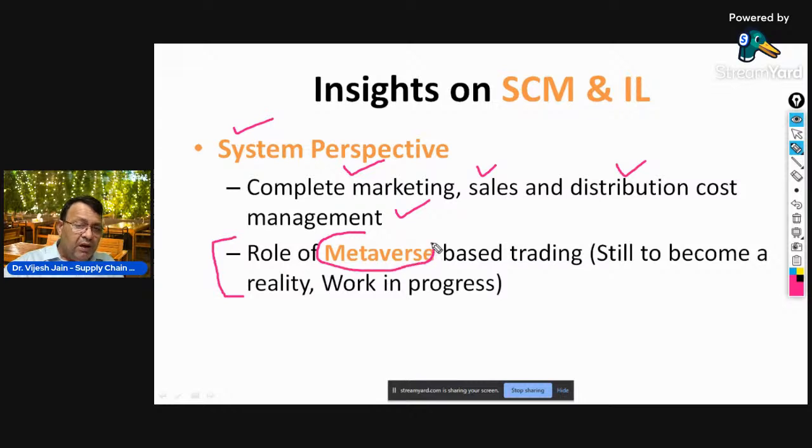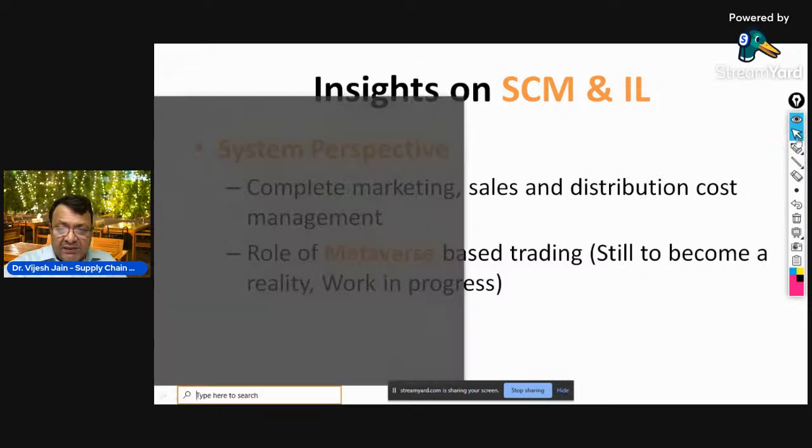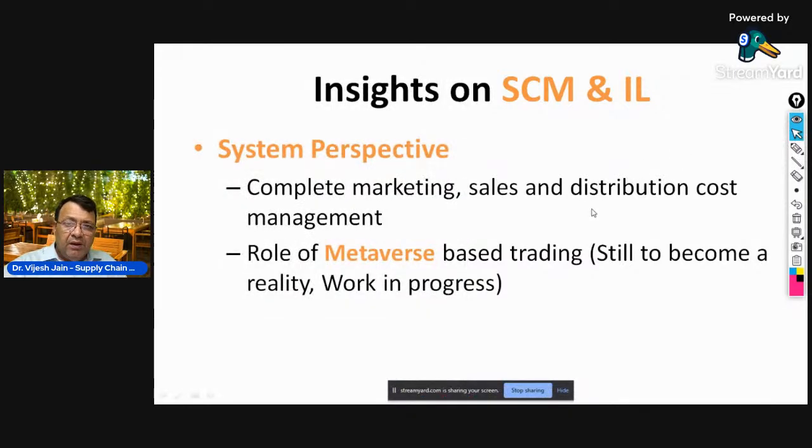In one of my earlier sessions, I had discussed about it. So, the role of metaverse based technology trading is still to become a commercial reality for the physical goods. For the virtual goods, it is already happening. So it's a work in progress.